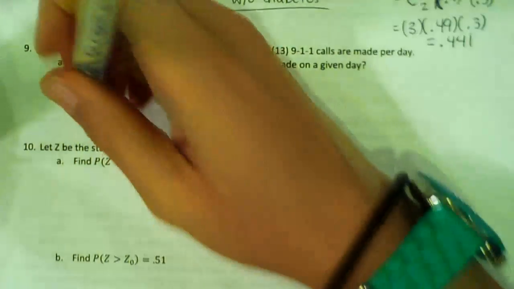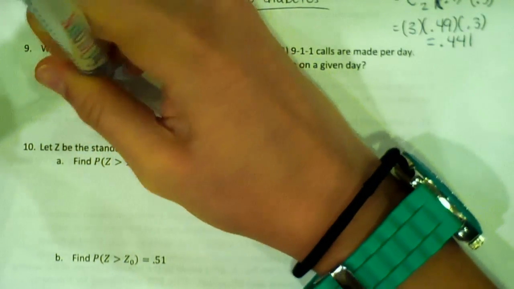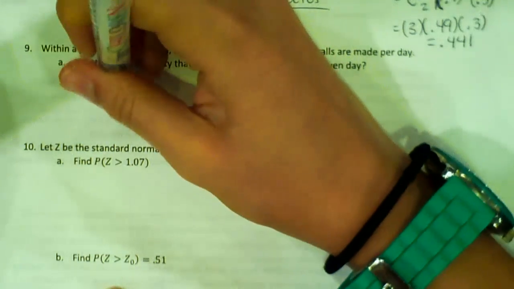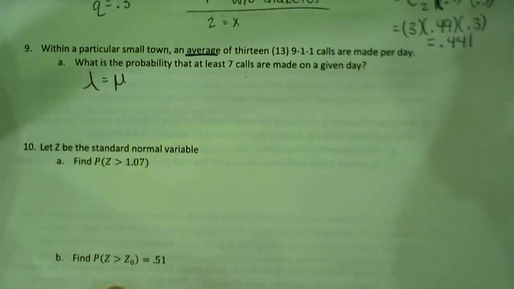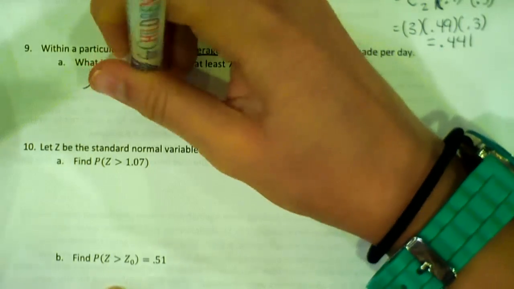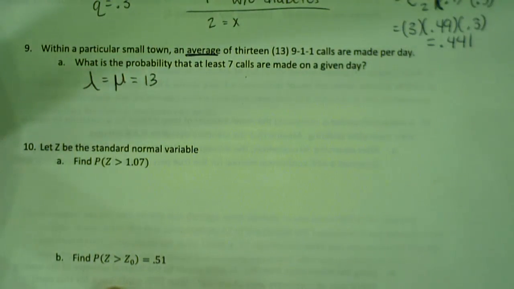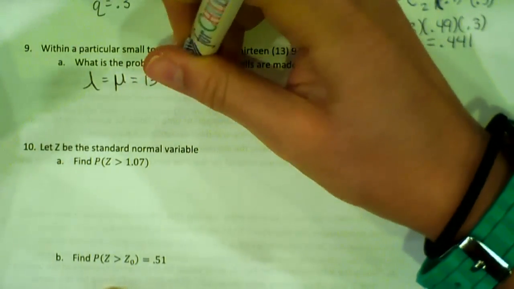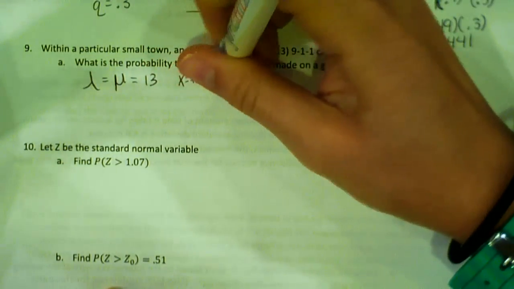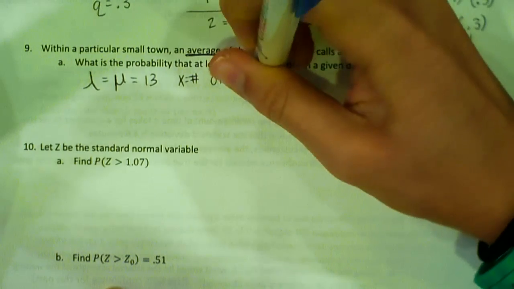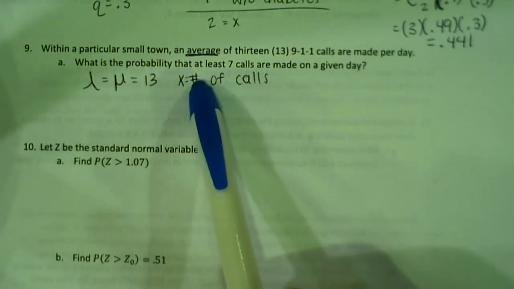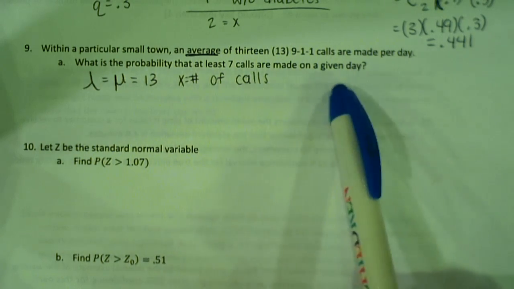So with Poisson, we saw this symbol lambda. That's basically our mean, average, so that would be 13. We'll call our variable x the number of calls.